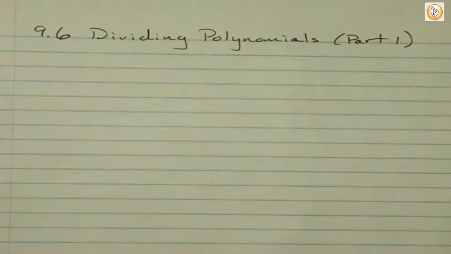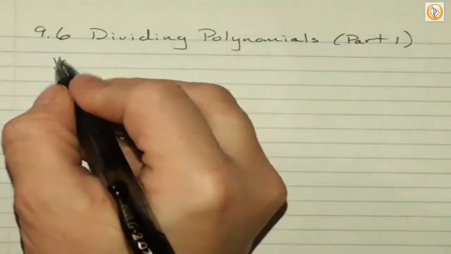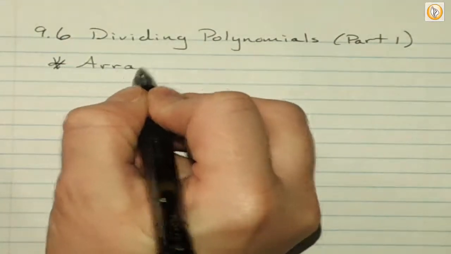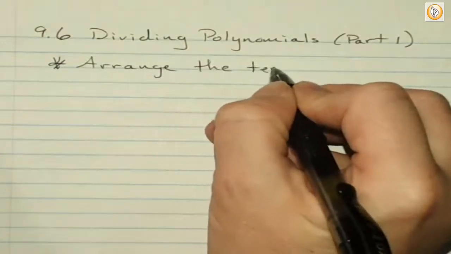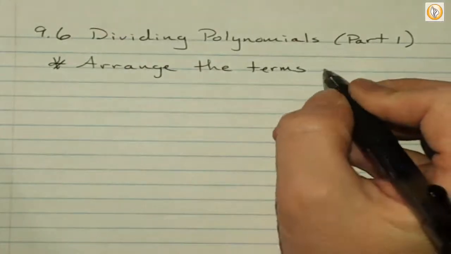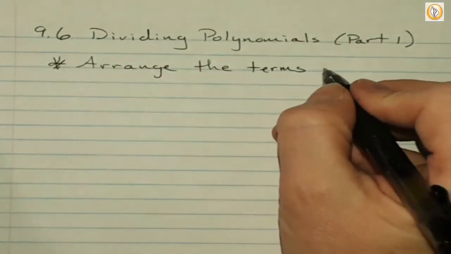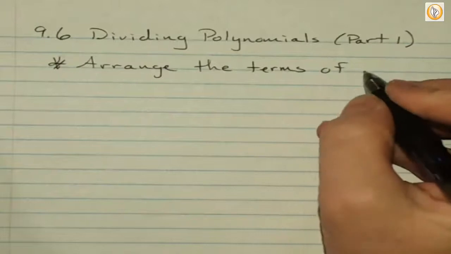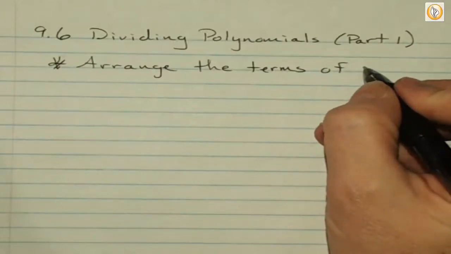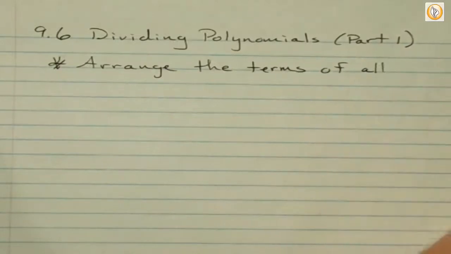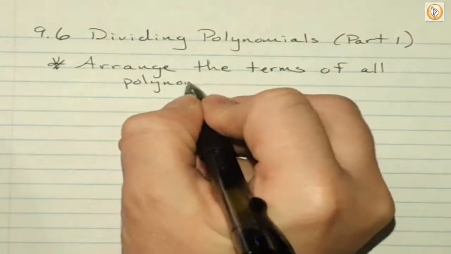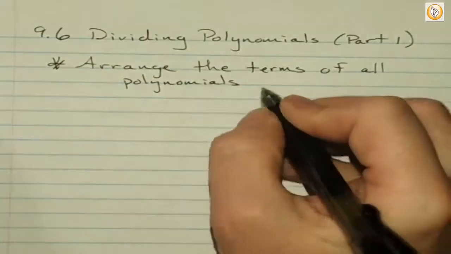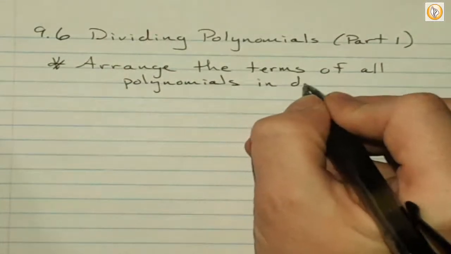The one thing you need to know about this is you need to arrange the terms of all polynomials in descending order.